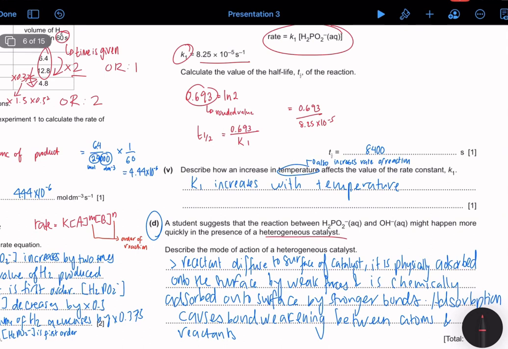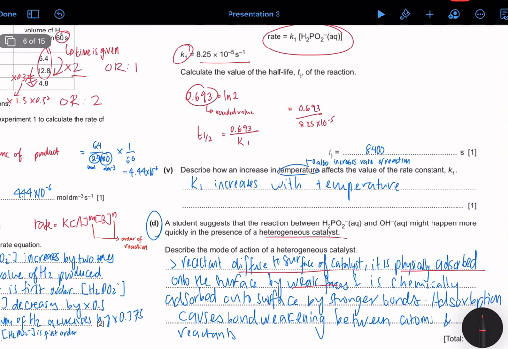So again, your reactant will diffuse to the surface of the catalyst and becomes physically adsorbed to the surface by weak forces, and this becomes chemically adsorbed to the surface by stronger bonds. The adsorption will then cause bond weakening between atoms in the reactants. So that is basically the mode of action for heterogeneous catalysts.